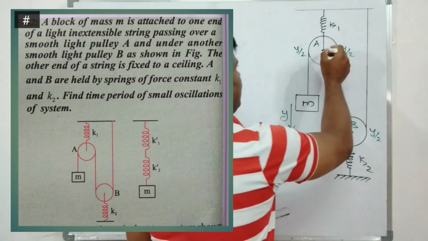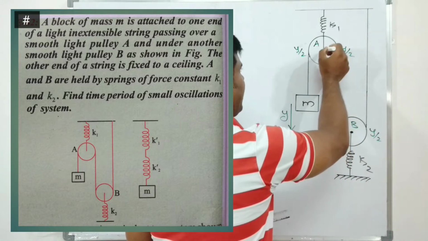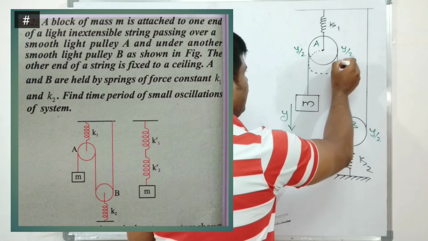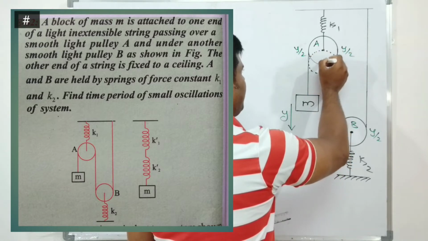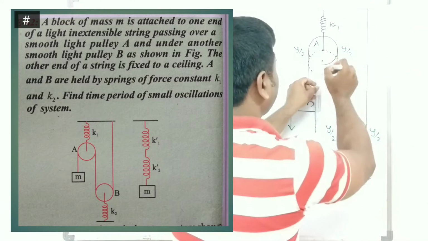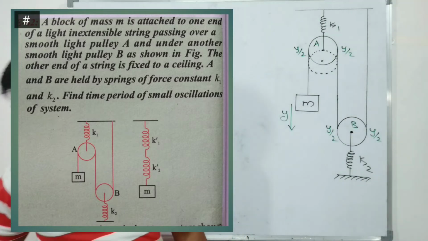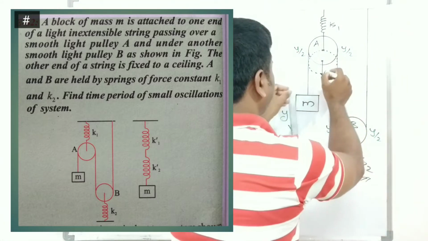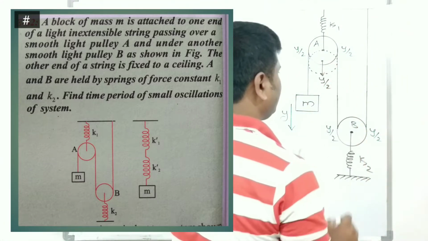So due to the displacement, this pulley gets displacement y by 2 in the downward direction. This one is y by 2 downward direction.